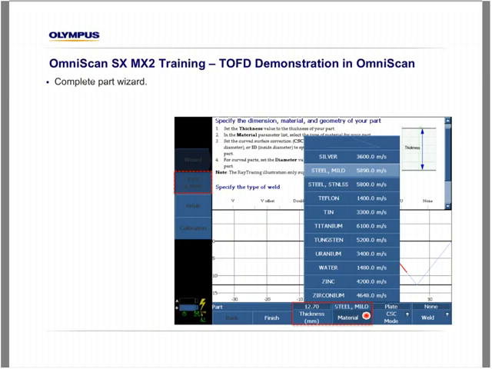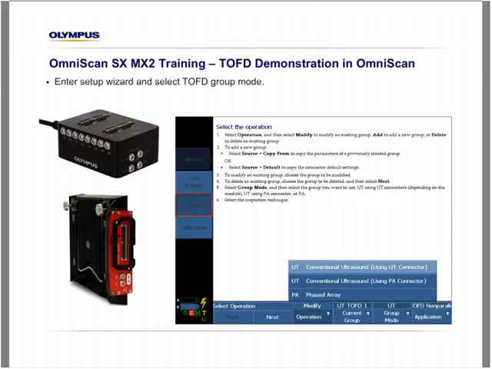In the TOFD group, we're going to select a plate or girth weld mode, and no weld overlay is associated with the TOFD inspection. This is a 1 or 2 part wizard, and we select finish to enter those parameters to make them common to all of the groups, phased array or TOFD.